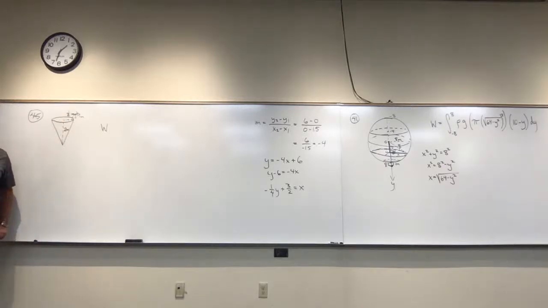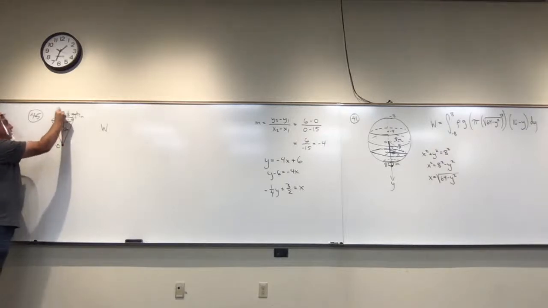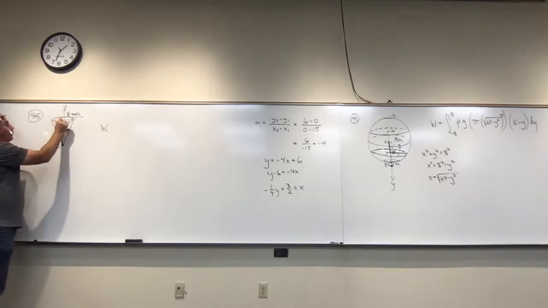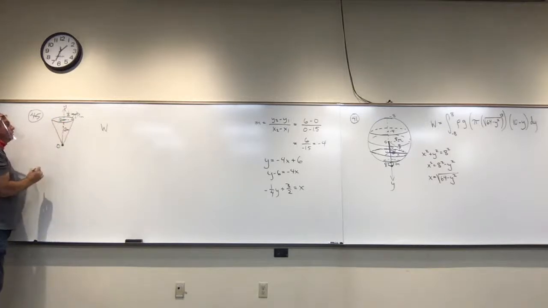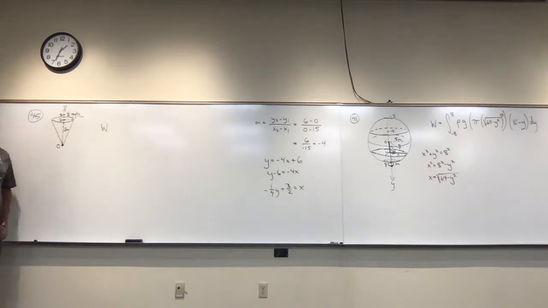Why don't I do something different, just to be cute, and show you we could do it some other way? This time I'll put the origin here. This is 0, and this time I'll say that this is the positive y-axis. So right here is going to be 2, and I need to pump it up over 3.